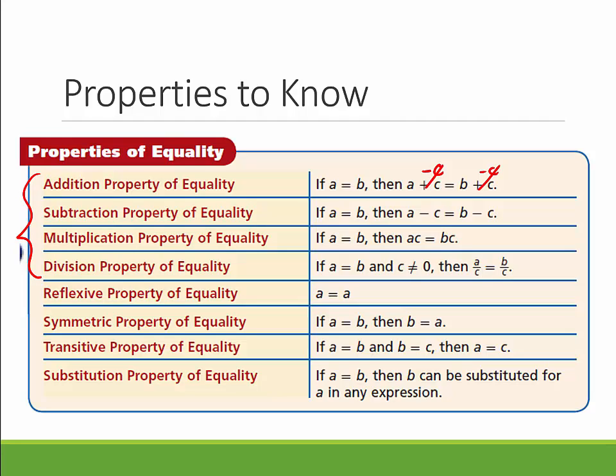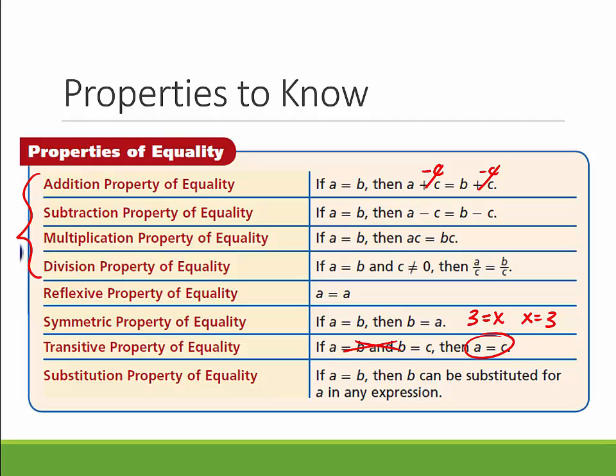And then we have the reflexive property of equality that says each thing on the side of the equal sign are exactly the same. We have the symmetric property of equality, which says that you can rearrange things. So if you end up with something like 3 equals x, you could rewrite that as x equals 3, and it means the same. The transitive property is kind of like the law of syllogism. If a equals b and b equals c, then we can skip the b part and just jump to a has to equal c.